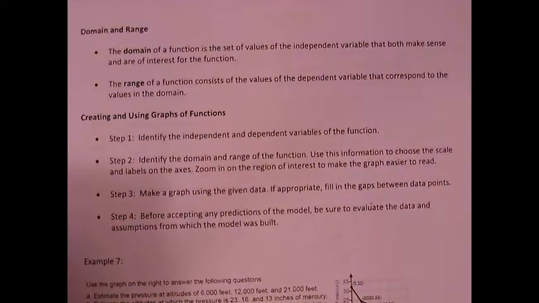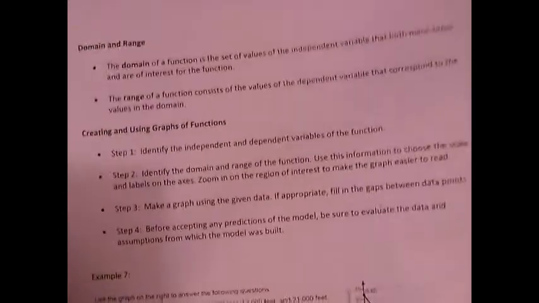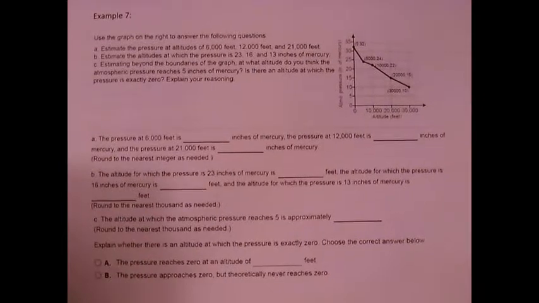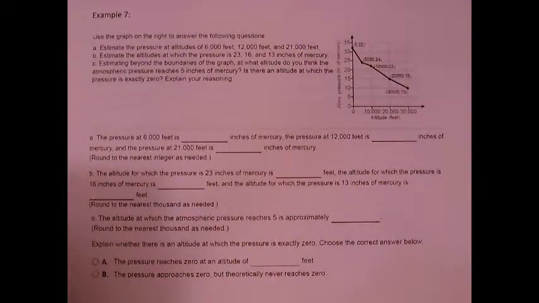All right. Now, if we look at example 7. Here we're going to use the graph on the right to answer the following questions. In part A, estimate the pressure at altitudes of 6,000 feet, 12,000 feet, and 21,000 feet.